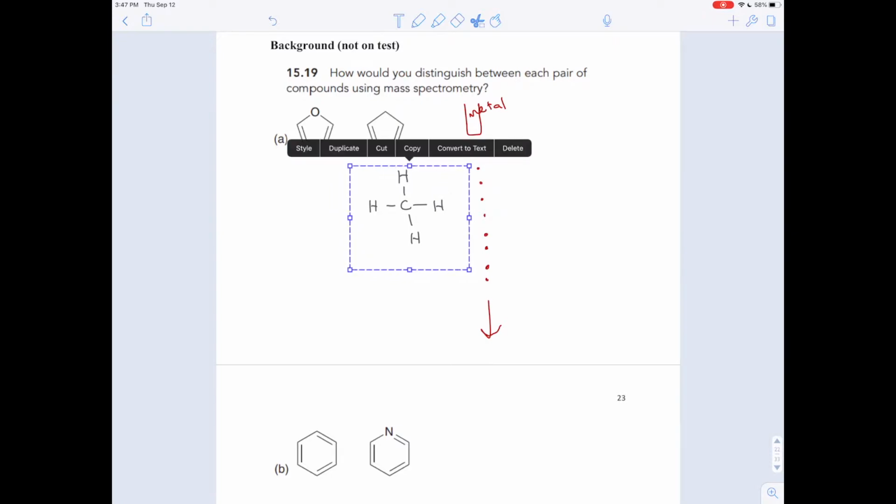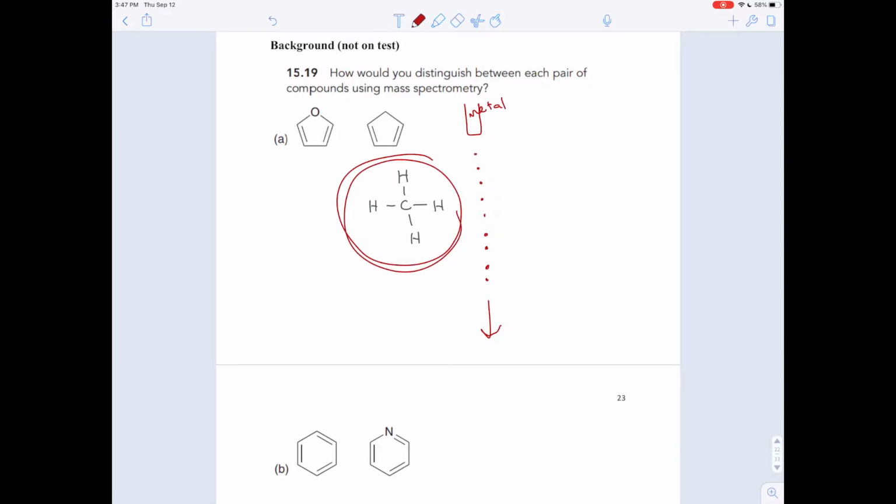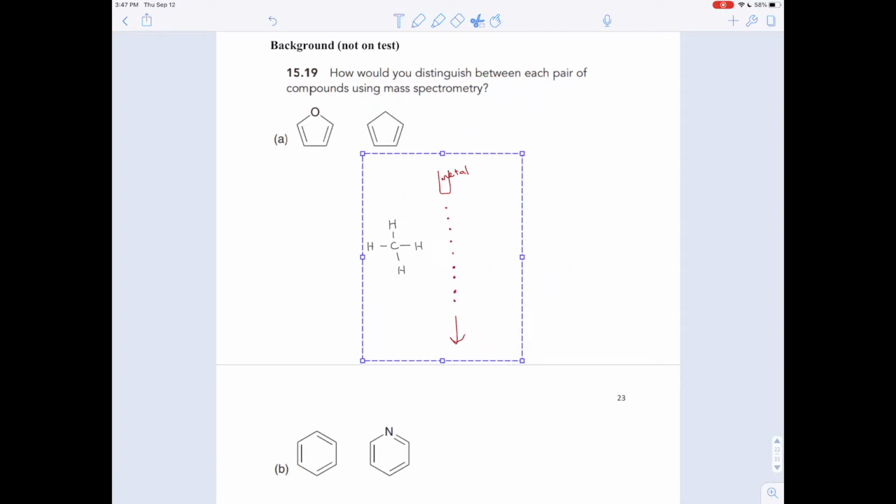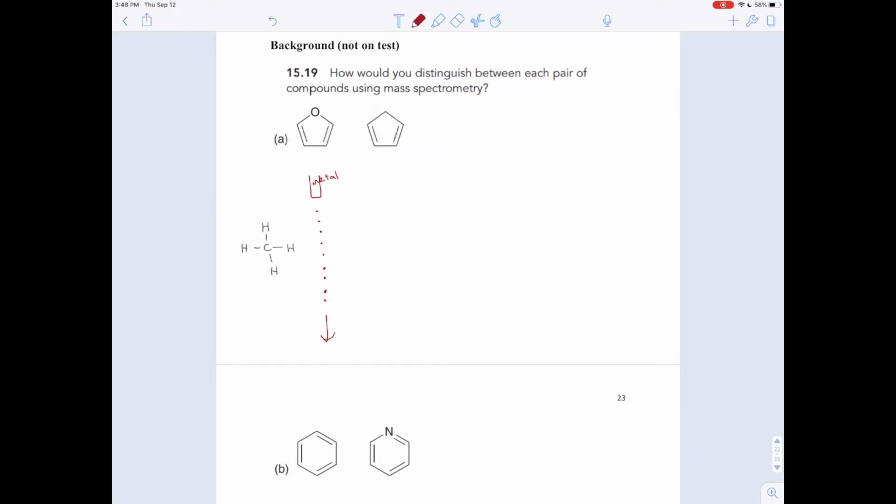So you've got this stream of electrons, the molecule passes through it, and as it passes through it, it gets hit. Now, one molecule will get hit and just break apart in one way. But since even in the smallest sample of gas that you pass through here, there are hundreds of trillions of molecules, every possible way that this molecule could break apart will break apart. It'll happen. And so you could imagine that only this first bond breaks apart.